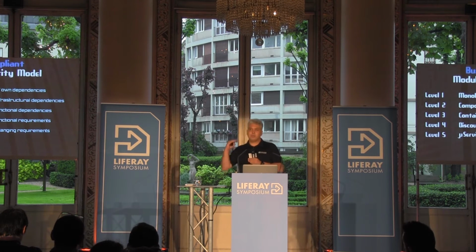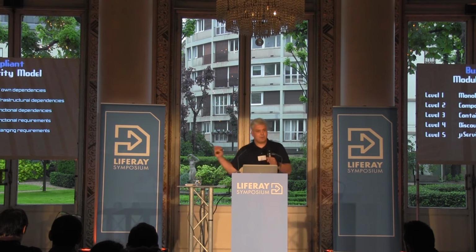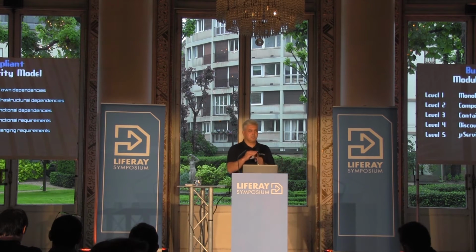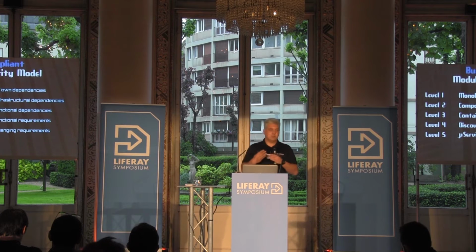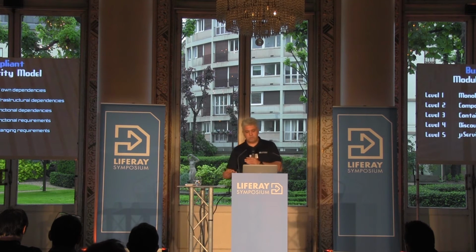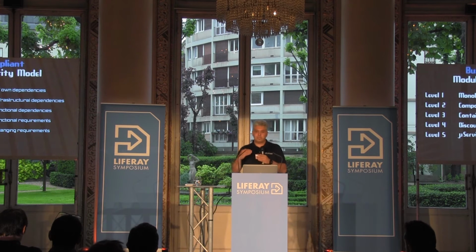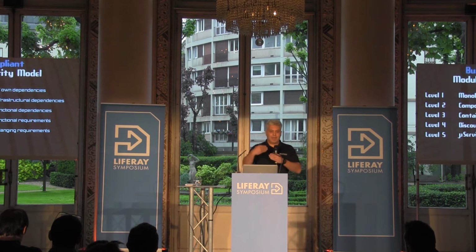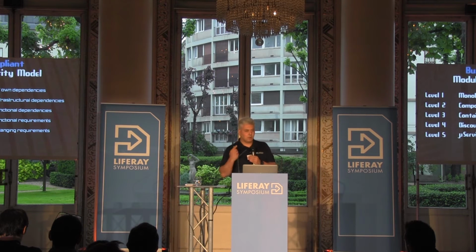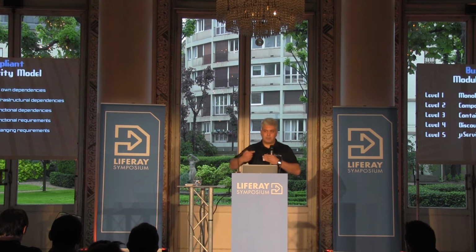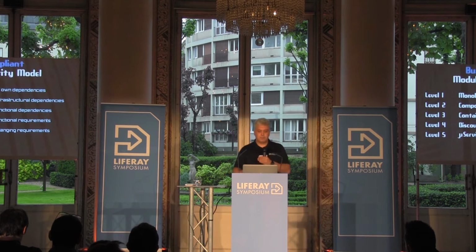And if you want to go one step up, you don't really want to care about dependencies, but what you care about is requirements. Because this is what you're actually solving. You have requirements which you fulfill. And then the final step is when you reach the point where you're able to adapt to changing requirements in your production environment.